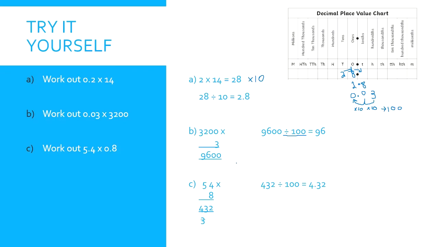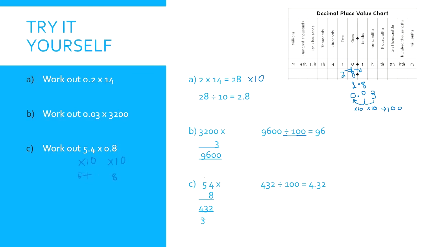Here's my answer then. I know that if I do 5.4 multiplied by 10, that's going to get me the number 54. Similarly, if I do 0.8 multiplied by 10, that's going to get me the number 8.